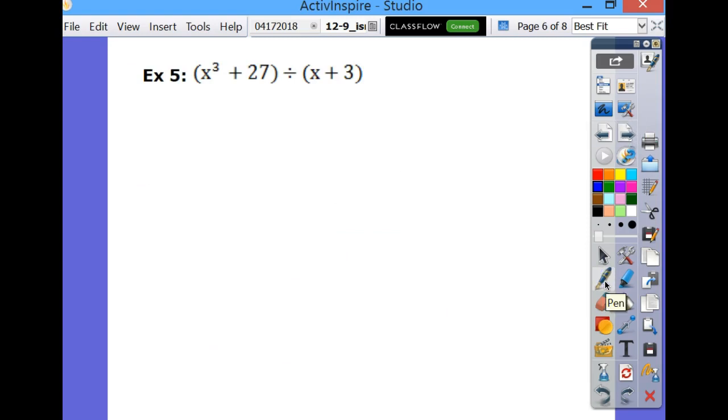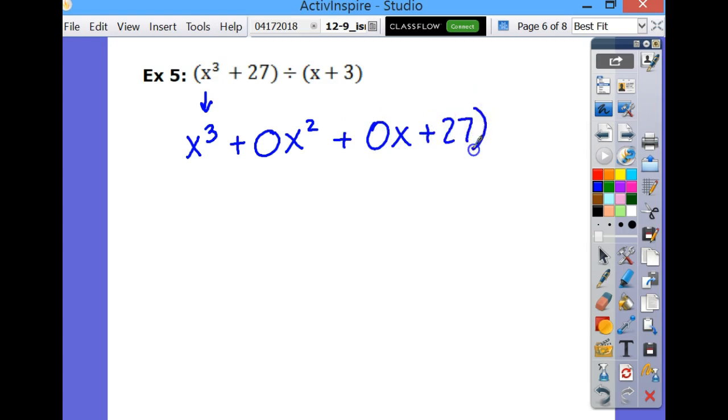Now, the next example is missing some of its terms. Does it have an x squared or an x to the first power? So before we do our division, we have to understand that this is equal to x to the third power plus 0x squared, no x squareds, plus 0x plus 27, and that's what I need to divide by x plus 3.